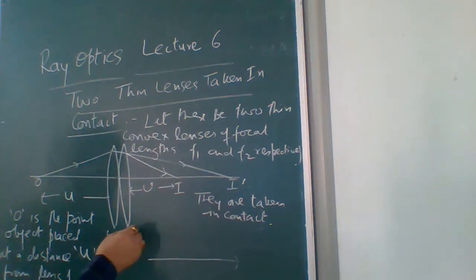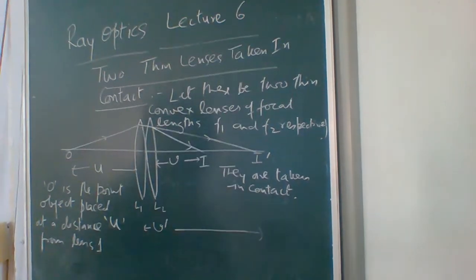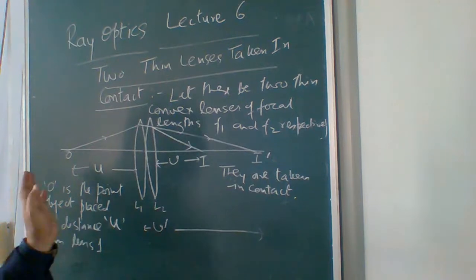This is lens 1, this is lens 2, so that we have described. This one is the distance u from lens 1.